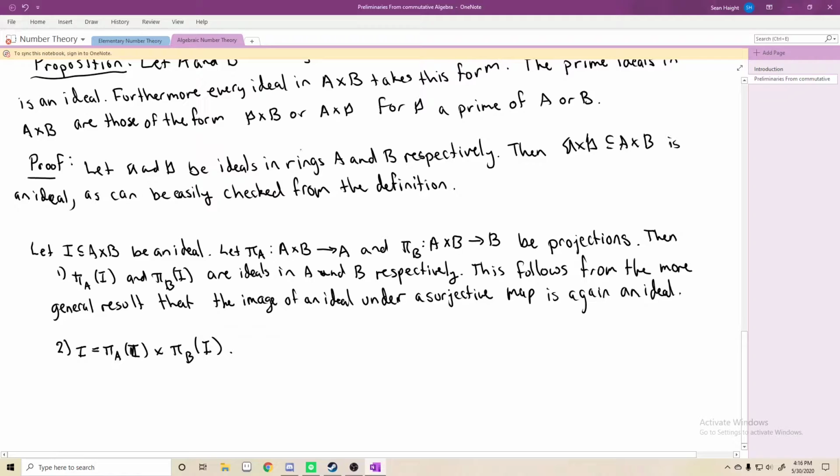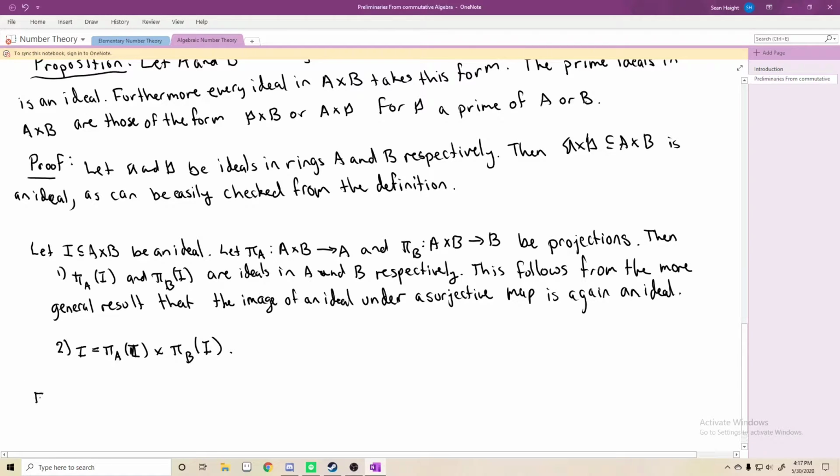I will, however, prove this third claim, that prime ideals in A cross B are precisely those of the form P cross B or A cross P for P prime in A or B. I just thought of a possibly different way to prove this using the correspondence theorem, or at least one direction of this.